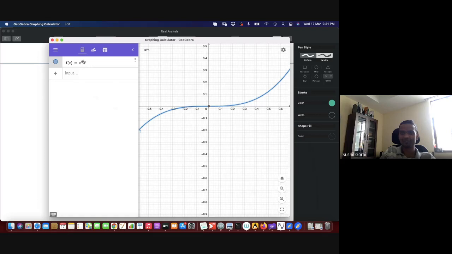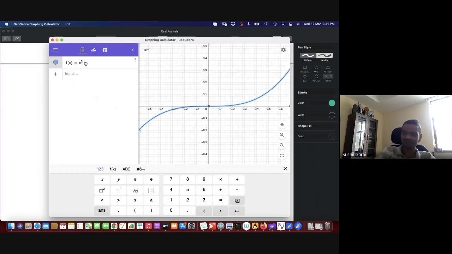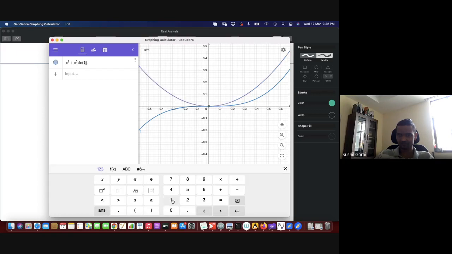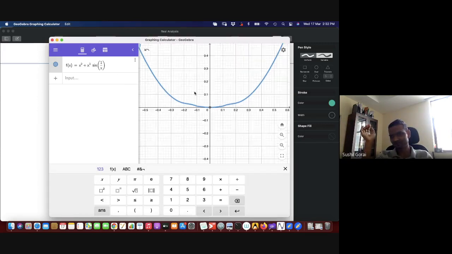Let me check here. What is this function? How is the behavior?